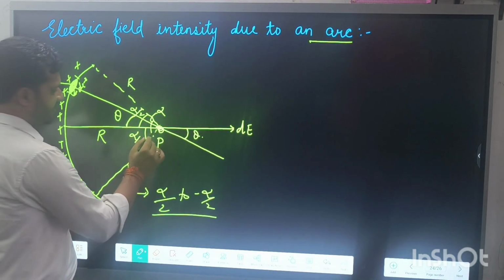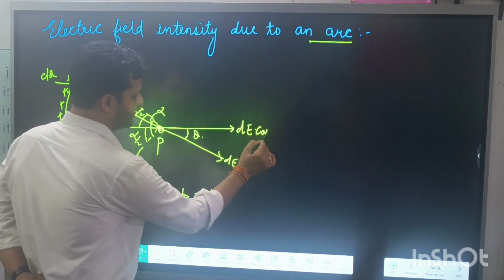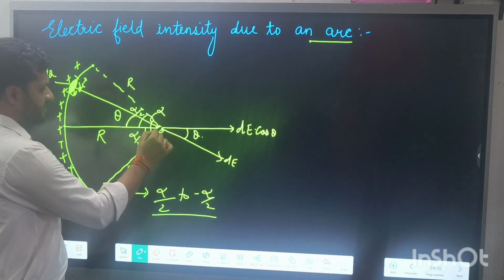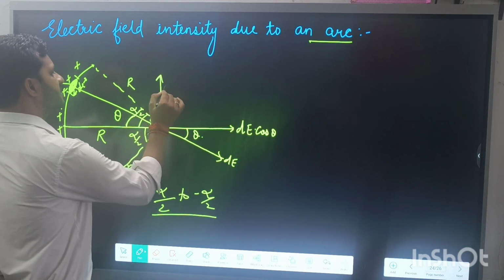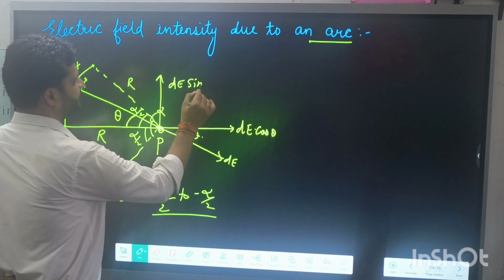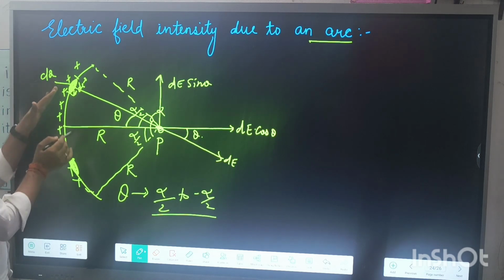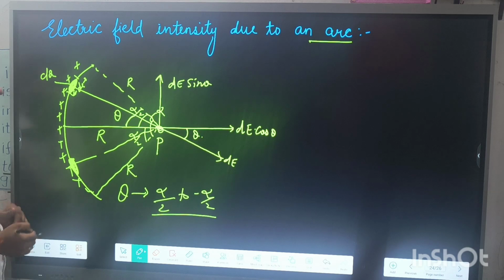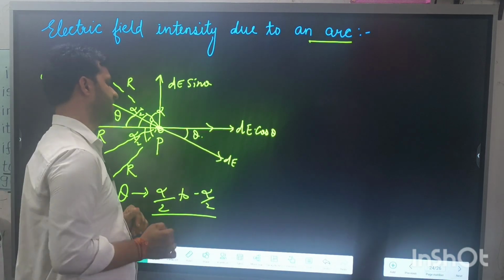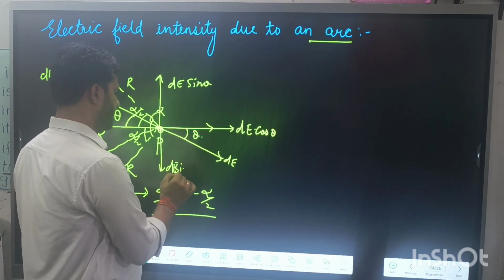So if I take the components of this dE, this component will become dE cos theta, and the other component is dE sin theta. In the same fashion, if I take the symmetrical charges concept, we will find the same dq at the same length, and again we will get electric field intensity components in these two directions, dE sin theta and dE cos theta.